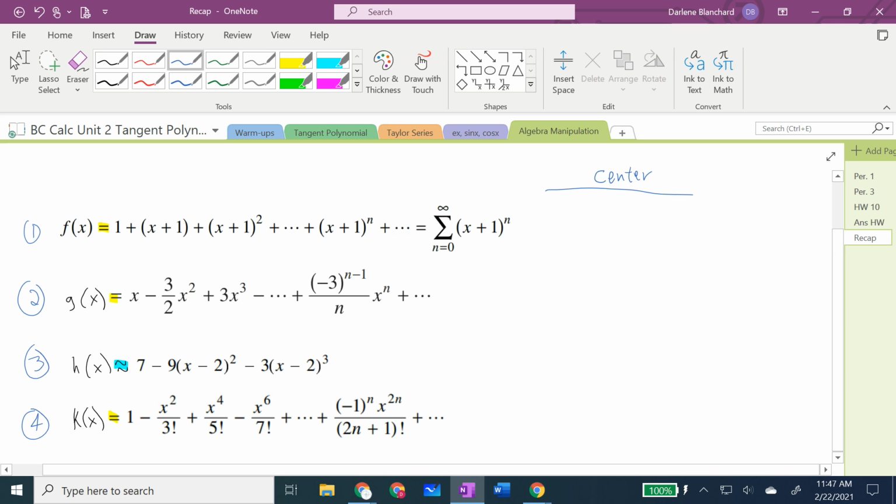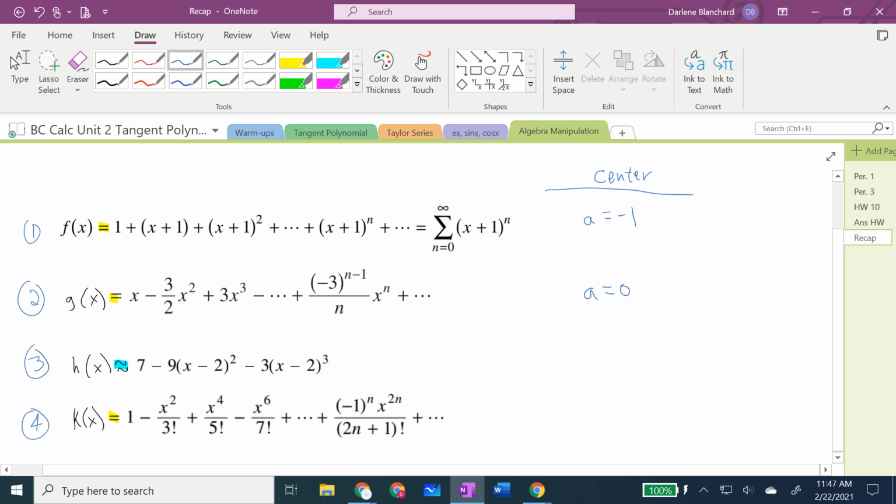For number 1, what is the center of that polynomial? The a, or the center, is -1. And I want you to see clearly the difference between that and number 2. And number 2, I can see that some of you see it. The center is 0.